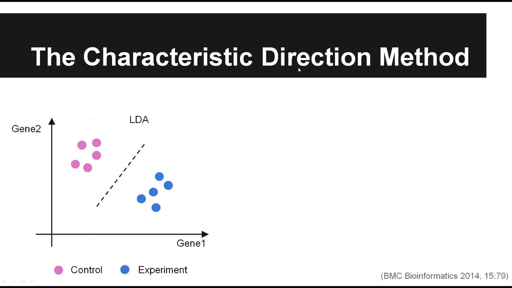The characteristic direction method, abbreviated as CD method, first uses linear discriminant analysis to find the segregation plane that best distinguishes experiment from control, and then finds a direction pointing from control to experiment that is perpendicular to the segregation plane, and uses this direction to characterize how the experiment is different from control.